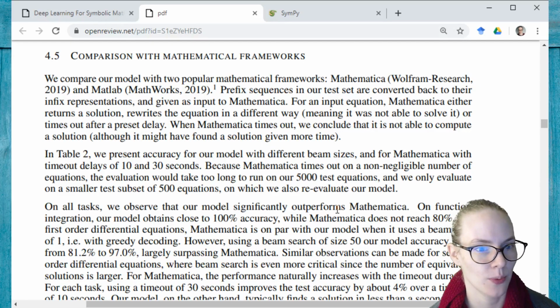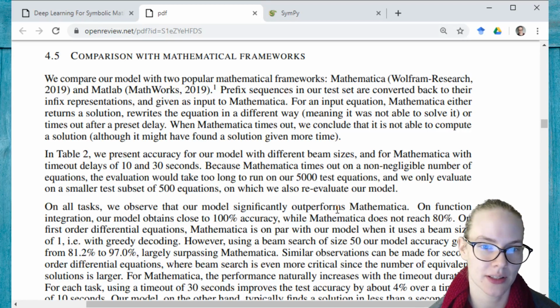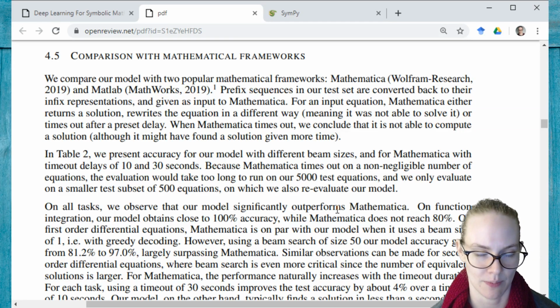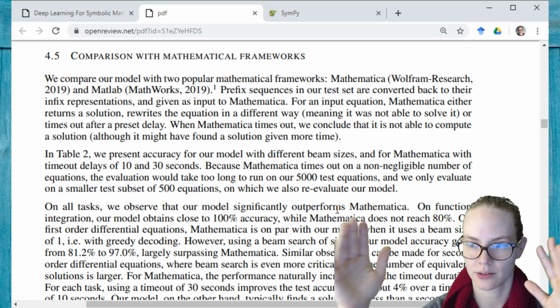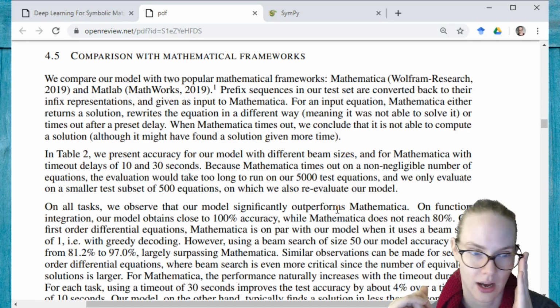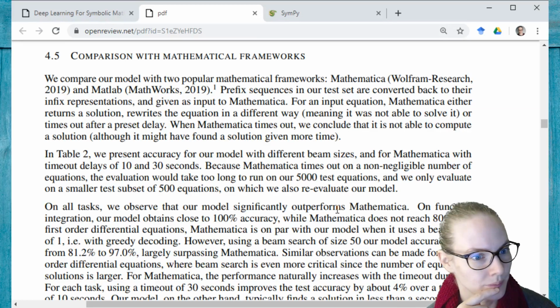We compare our model with 2 popular mathematical frameworks, Mathematica, Wolfram Research, and MATLAB, MathWorks 2019. Prefix sequences in our test set are converted back to their infix representations and given as input to Mathematica. So Mathematica wants the fully specified form and not the sequence form that they're using.